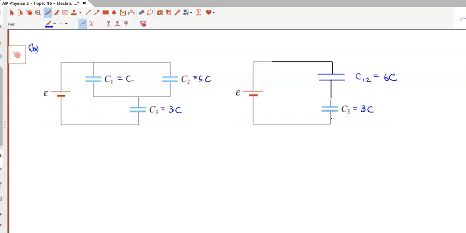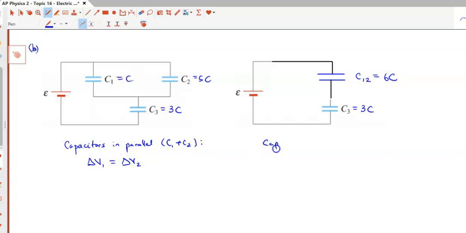So what we need to remember is some rules about capacitors in series and capacitors in parallel. So when we have capacitors in parallel, and in this case that would be C1 and C2, we know that their voltages are equal to each other. So voltage 1 and voltage 2 are exactly equal to each other.